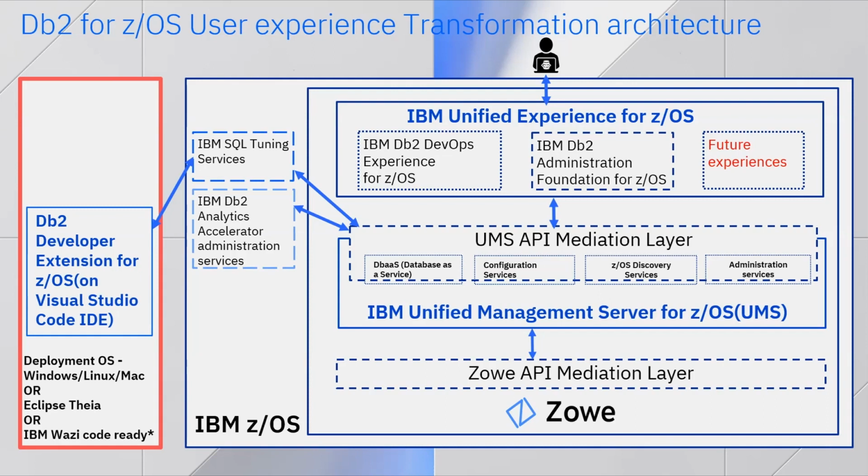In the future, if you buy, say, a DevOps experience license or yet another experience license, we are working on more such end-to-end solutions, which we call experiences. The more licenses you get, you would just go ahead and let UMS know that you now have this license.